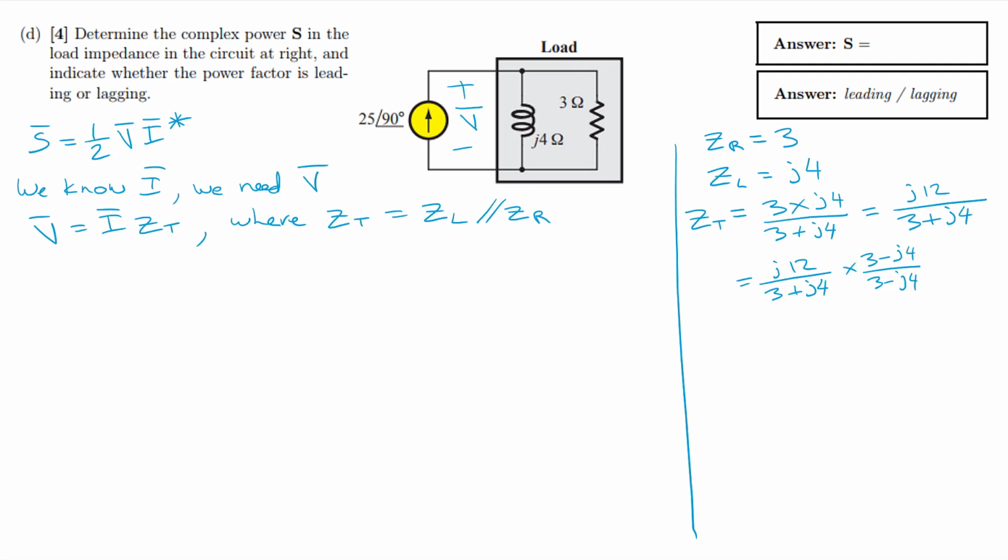Okay, so let's multiply this out. On top we're going to get 48 plus j36, divided by 9 plus 16.